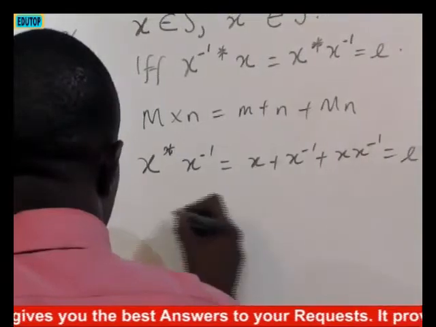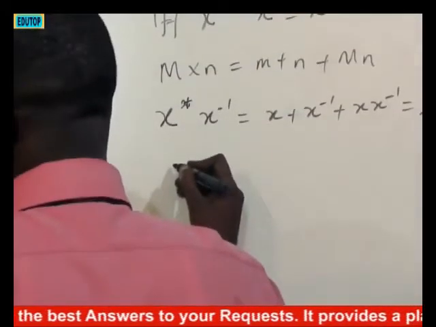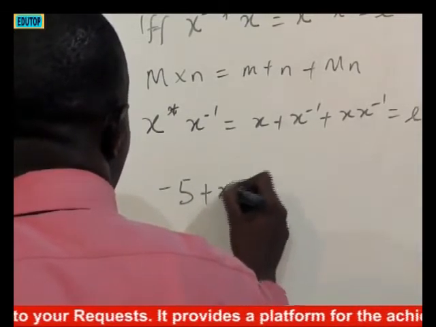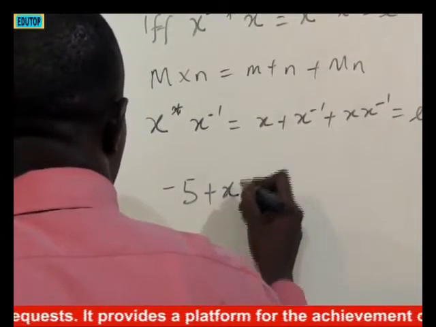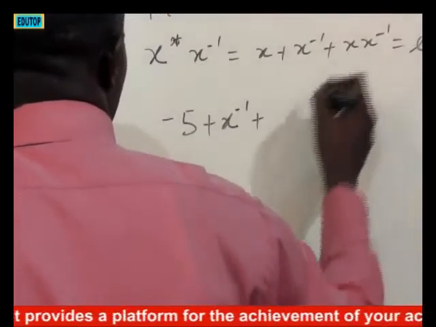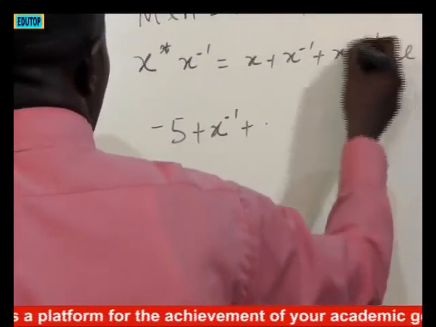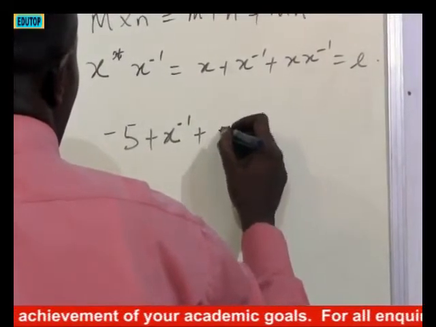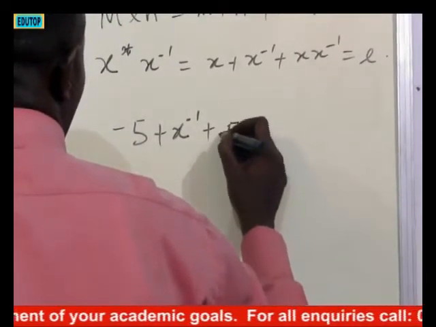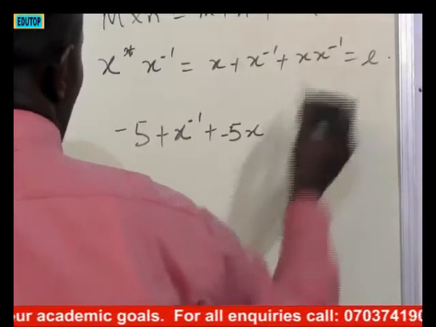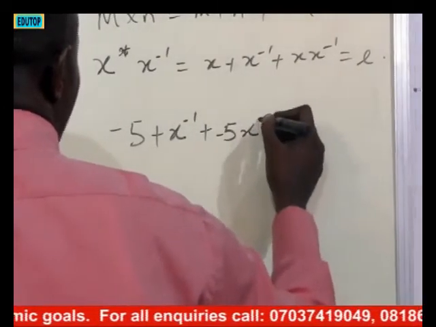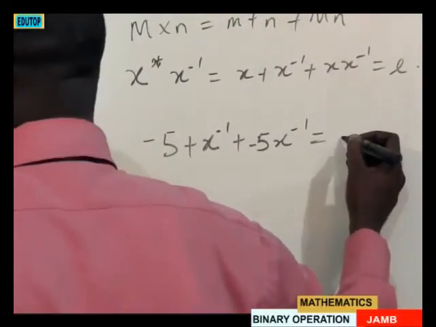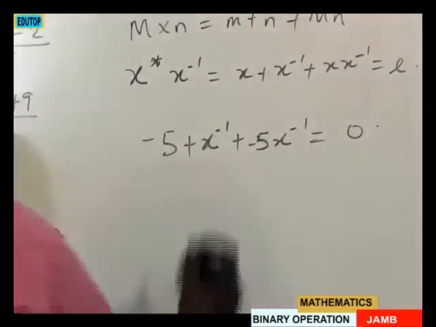So in this situation, what is our x? That is an element of the real numbers, that is minus 5, plus our x inverse plus our minus 5x inverse, because our x is minus 5, equals identity. What's our identity? 0. So here we have this scenario.